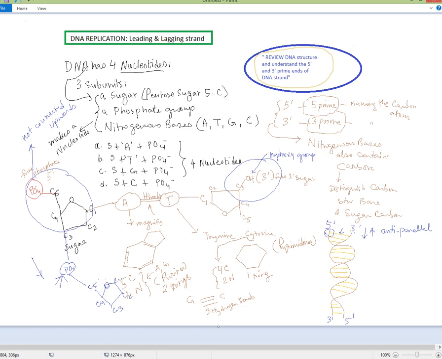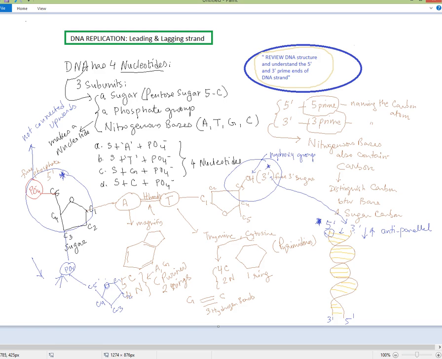That's how the structure is. So this is 5 prime and this is 3 prime, and that's what I have drawn over here. This is the 5 prime, the free end.